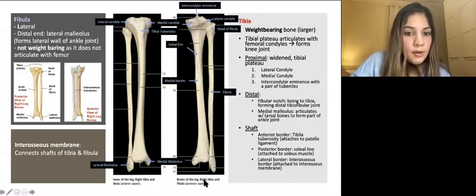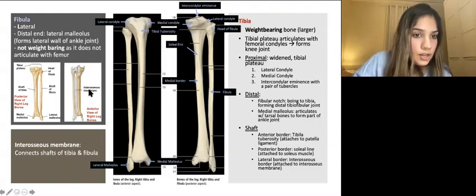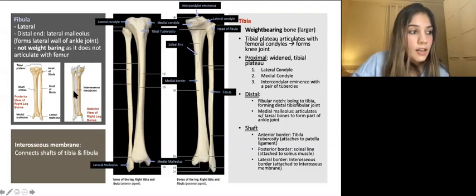And we mentioned earlier that the lateral border of the shaft, so here is the interosseous border, which is attached to the membrane. If we look at this image here, there is a membrane that connects the shafts of the tibia and the fibula.